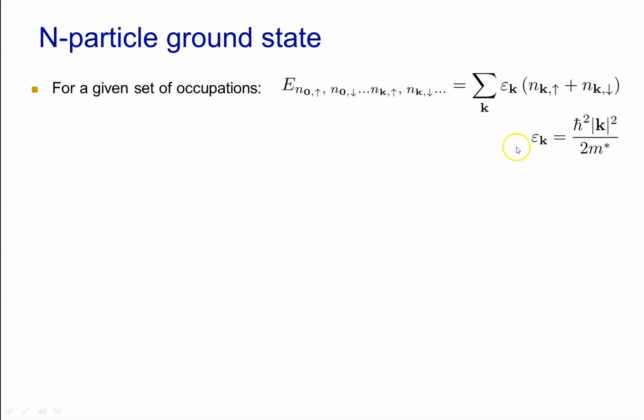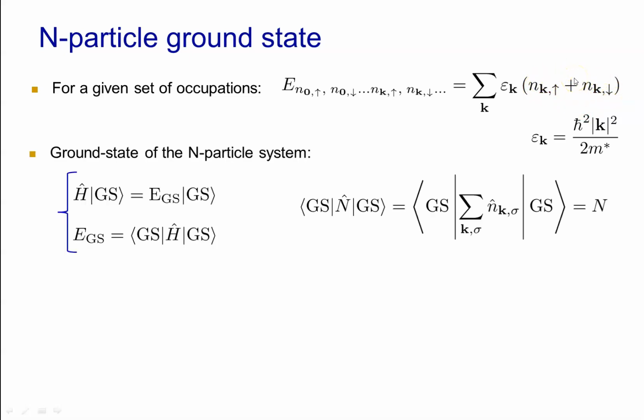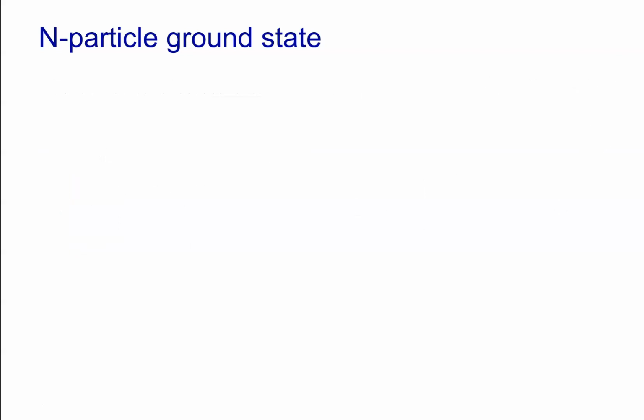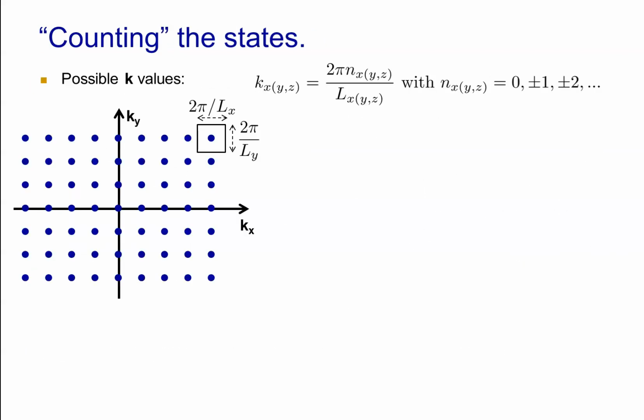So given a total number n, I will have the lowest energy for the n particle state given by this, right? Given the individual occupations of each of these states. So that would be the ground state, right? You are just filling the states. Let's go back to the mesh so that you know what I'm talking about. So these are my single particle states. Remember, I can put particles with up and down.